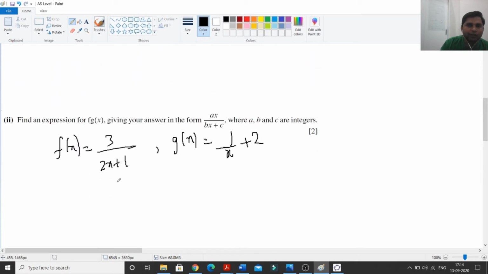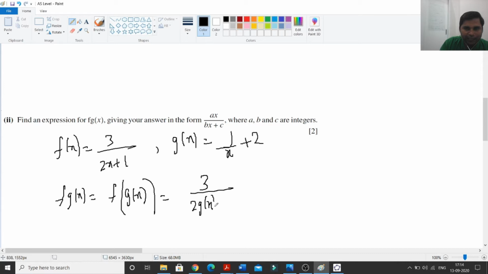So we need to find out fg(x). It means we are putting g(x) in f(x), which is equal to 3 divided by 2 times g(x) plus 1. Now we substitute g(x), so this is 3 divided by 2 times 1 over x plus 2, plus 1.